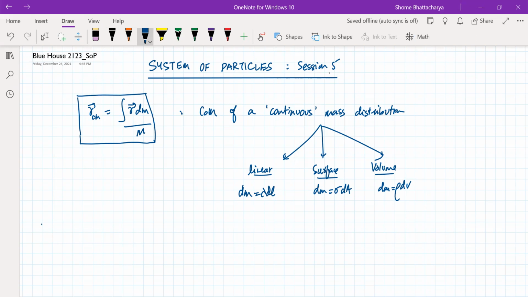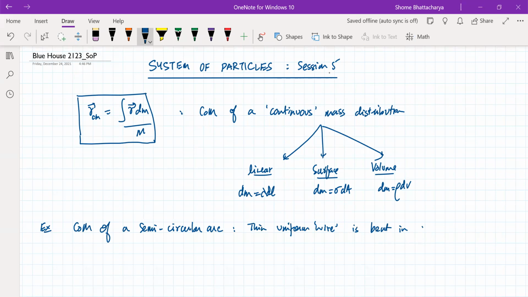The next example we will see is the center of mass of a semicircular arc. In this case, just imagine a thin uniform wire that is bent into a semicircular arc shape.